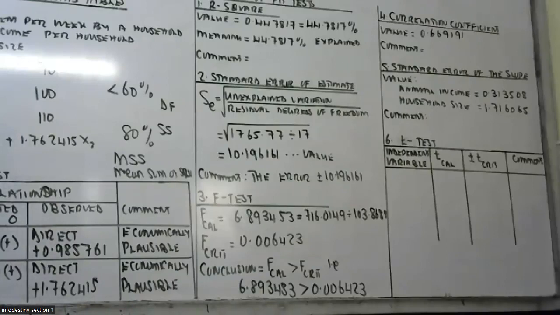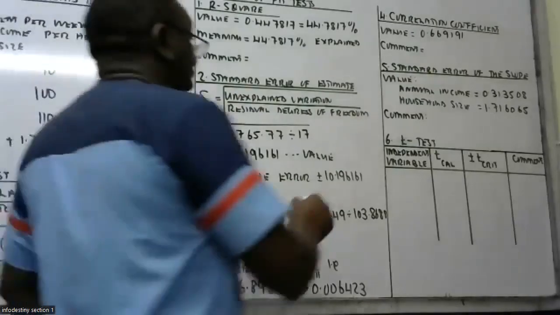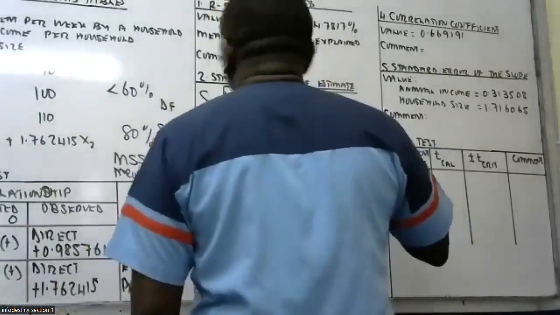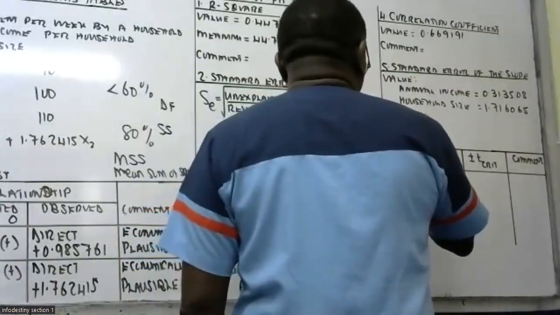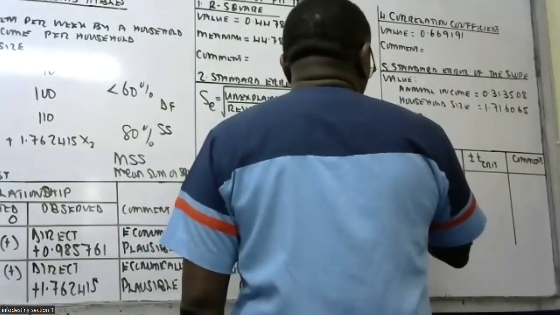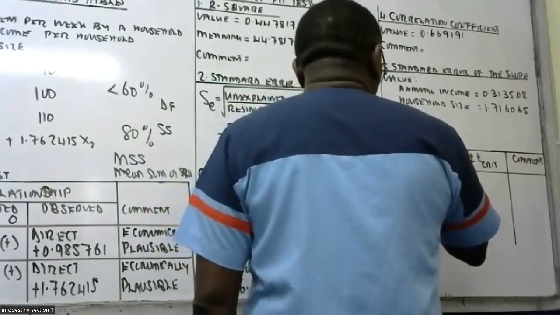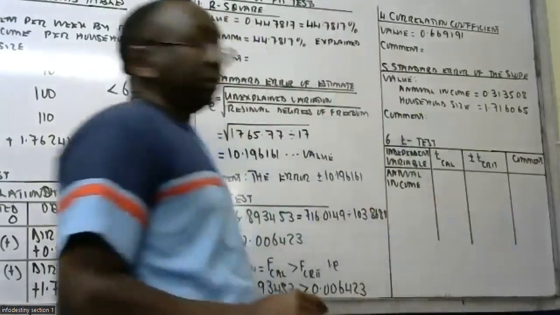The significance of the independent variable, how important it is in predicting the Y. So the first independent variable is annual income, which is our X1.